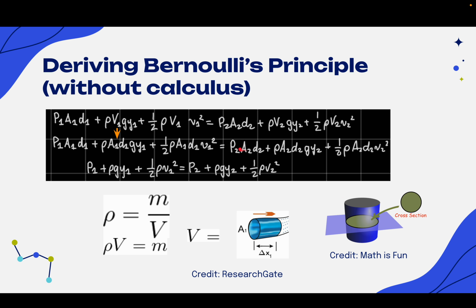So A2 d2 represents the volume of the section on the top, and A1 d1 represents the volume of the section on the bottom. And they must be the same since the fluid is incompressible and the fluid flow rate is the same throughout the flow tube. So we can cancel all these terms out, and then at last we get the final Bernoulli's equation.